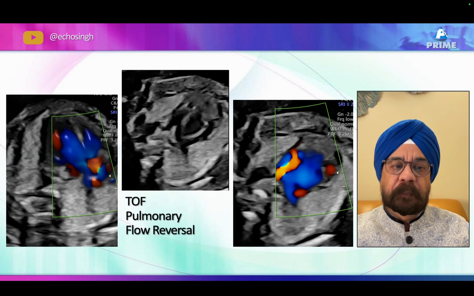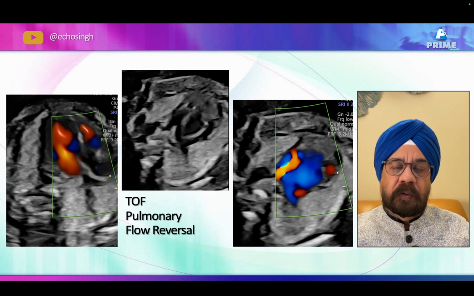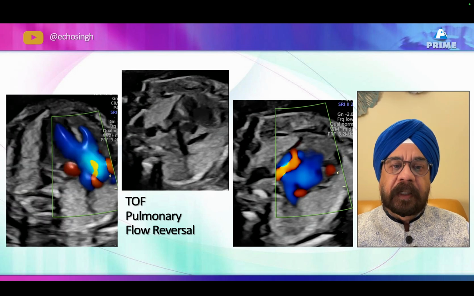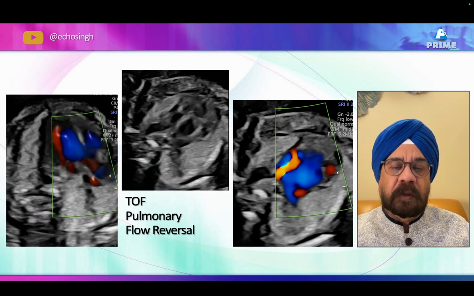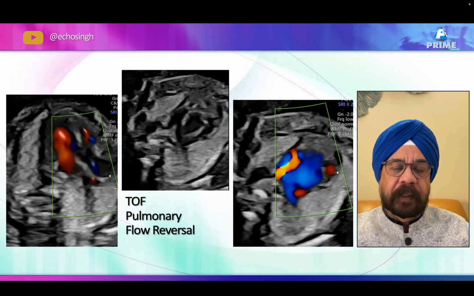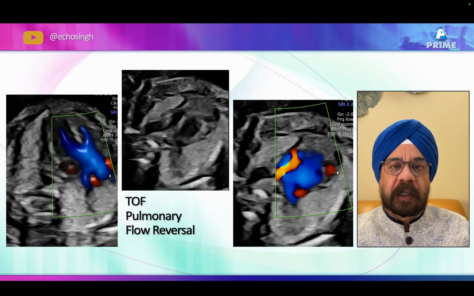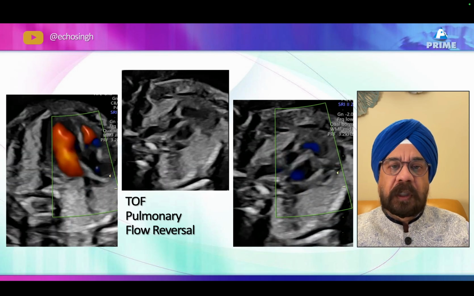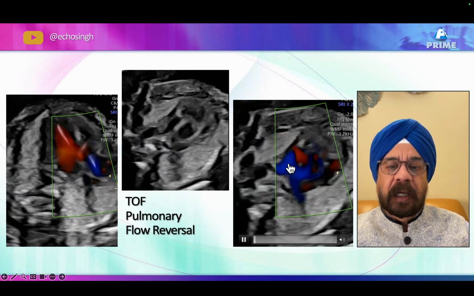Another patient of similar nature, aortic override with the flow from both ventricles into aorta, and then you see the pulmonary artery. At first look, pulmonary artery doesn't look that bad. It looks at least 50% of size of the aorta. But once you put the color Doppler on, you see in the pulmonary artery both blue and the red color.